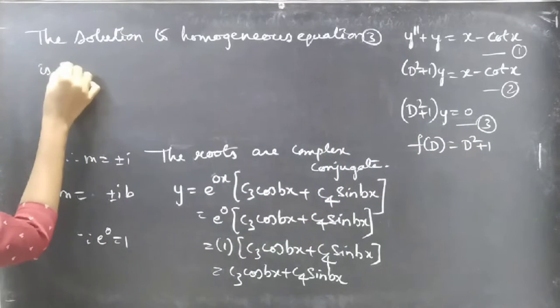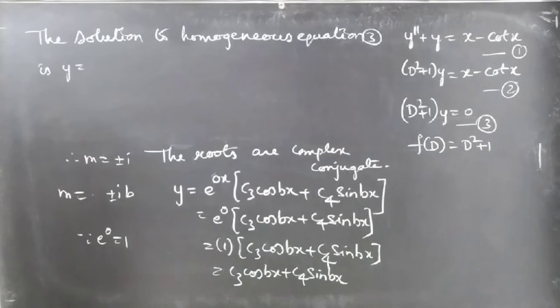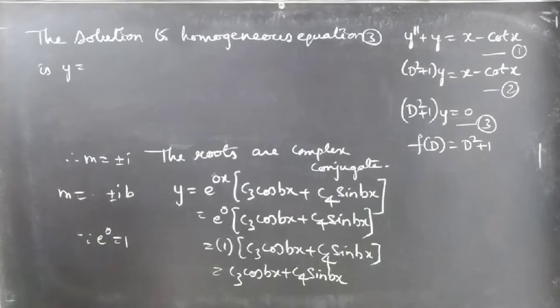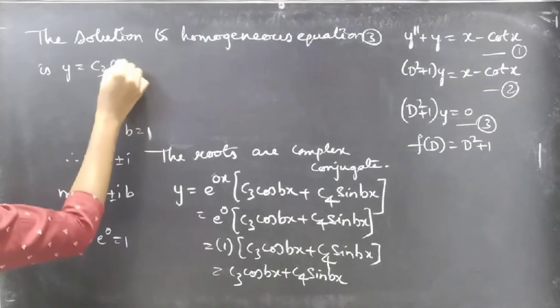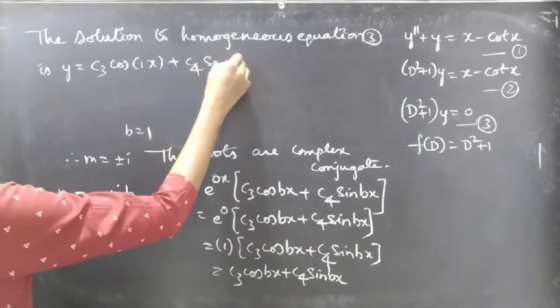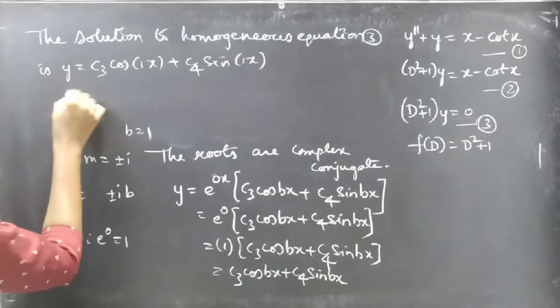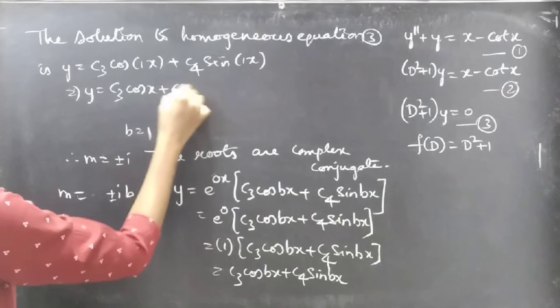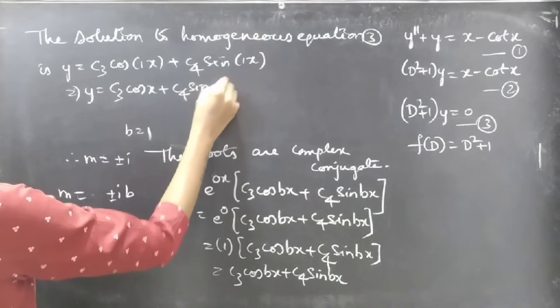It is y equal to, now compare plus or minus i with plus or minus ib, then for b equal to 1 we'll get y equal to C3 cos 1x plus C4 sin 1x, right, which gives us y equal to C3 cos x plus C4 sin x.